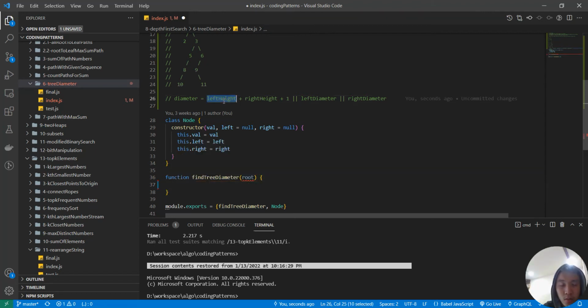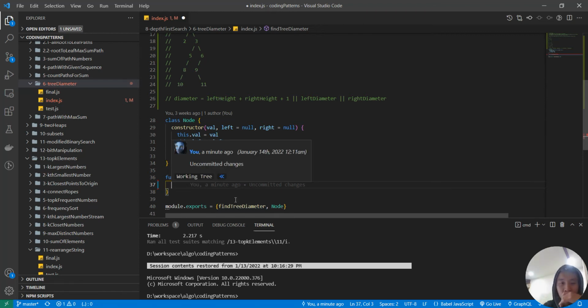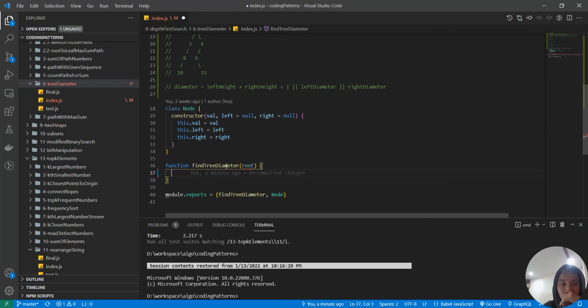At the original function here, we don't know the left height yet, the right height yet. We don't know the left diameter yet. We don't know the right diameter yet. So we need to delegate the questions to each child.